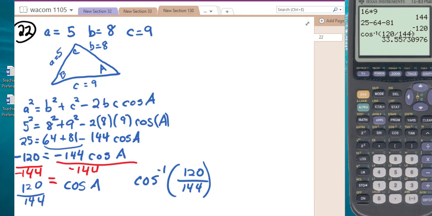I would just put the whole fraction in, do the cosine inverse of this in parentheses, and then do your rounding last. And it even says do not round until the final answer. So we want to get 33.6 there, and this is approximate.